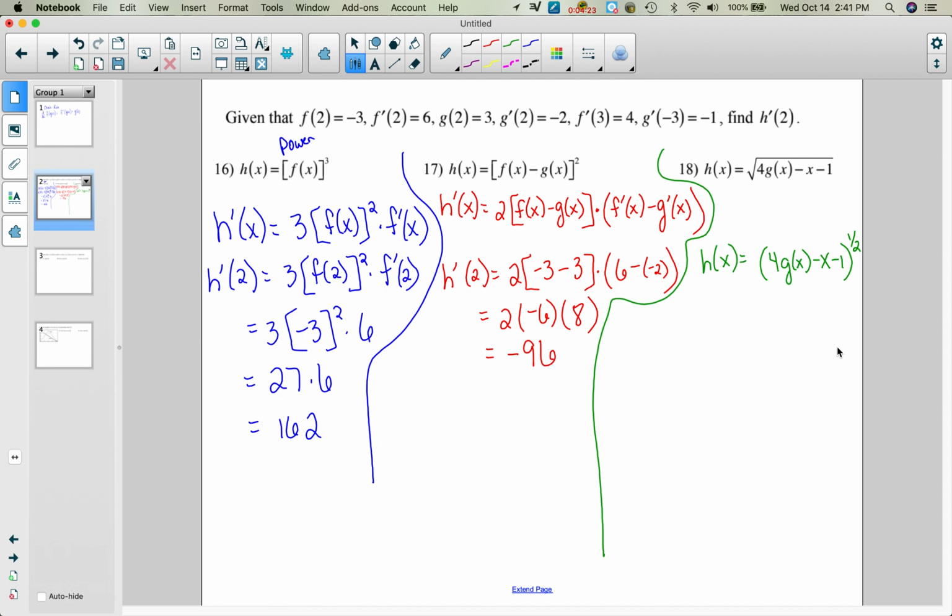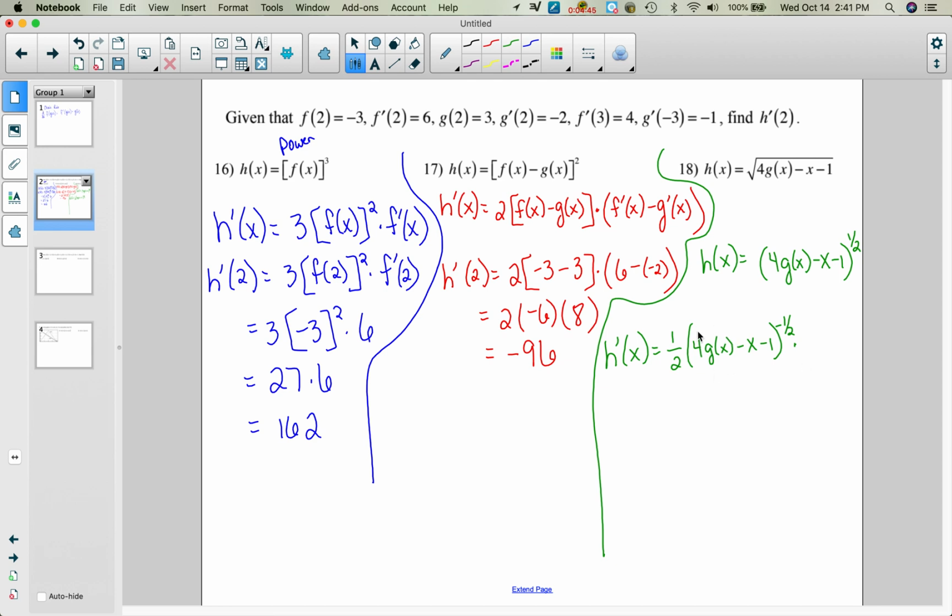Okay? All right, so then h prime of x, I'm going to start with the power rule because that's my outside function. So I get 1/2 4 times g of x minus 1, because that's the inside left unchanged, to the -1/2 times the derivative of what's inside.